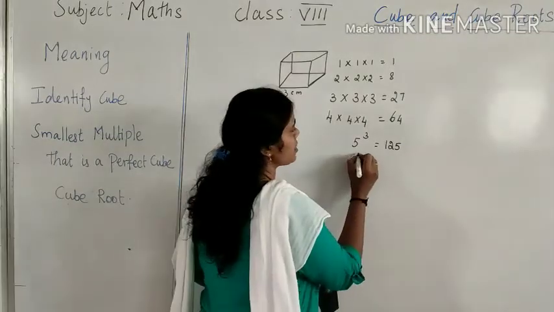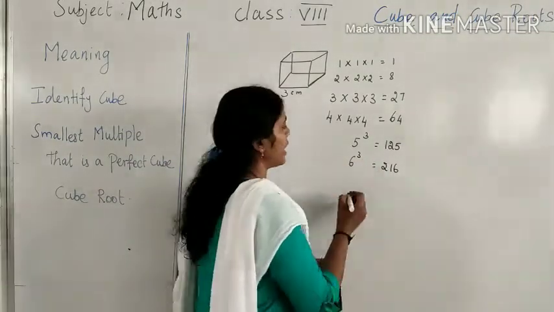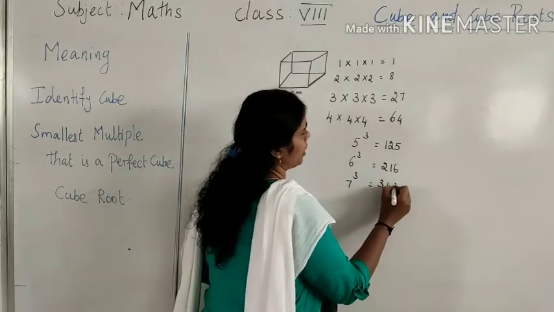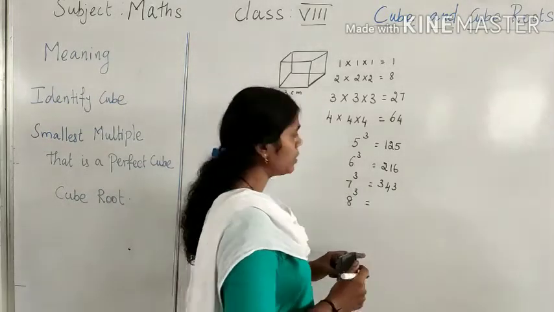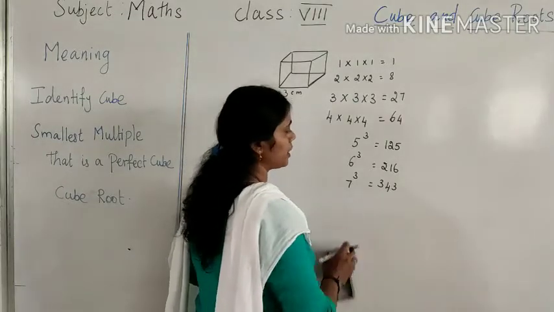And the cube of 6 is 216 because 6 into 6 into 6. And 7 cube is 343, very good. And 8 cube is 512, like that it goes on. You can find the cubes of the numbers.